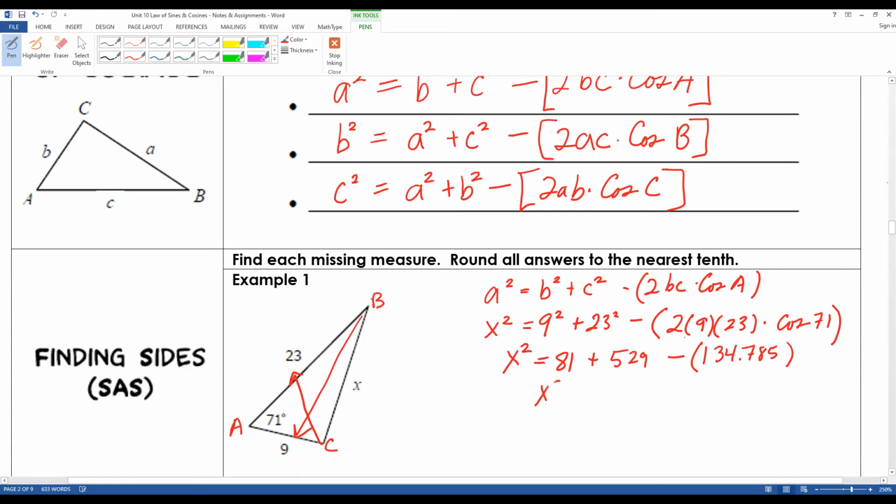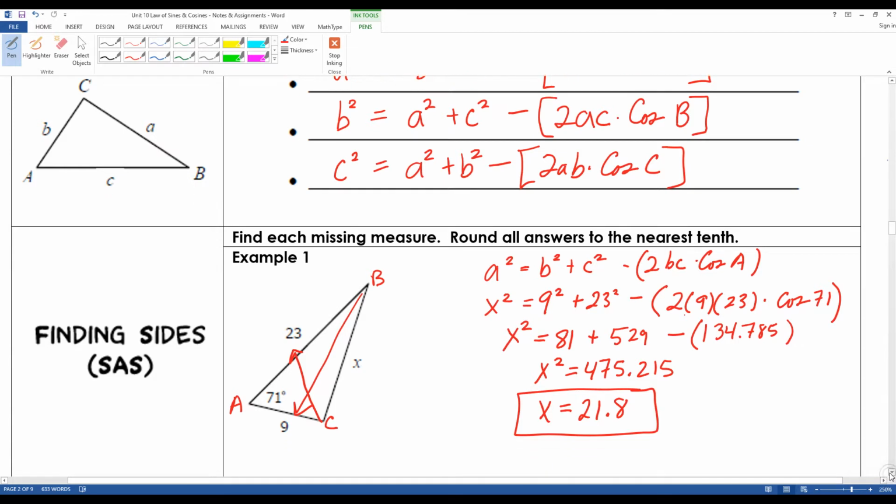So x squared would equal 475.215. And if I square root that answer, x is going to equal 21.8, rounded. Make sure you're getting that answer.